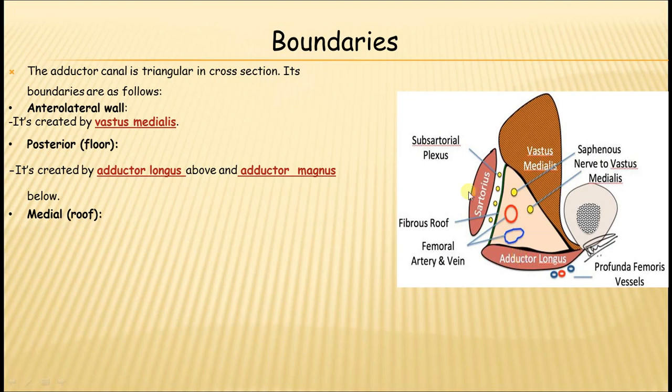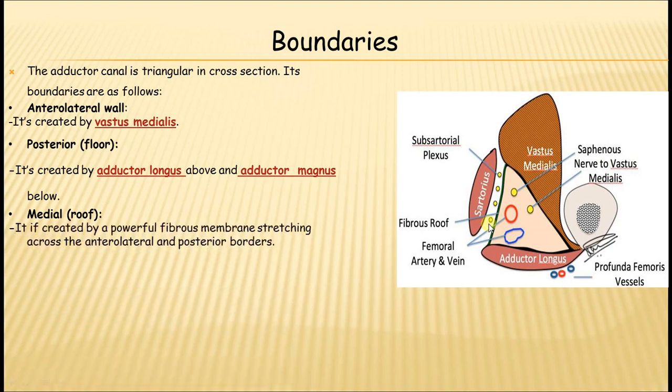The roof is sartorius. Deep to sartorius, there is an extension of fascia between the two boundaries, that is the anterolateral wall and the posterior wall. So between the anterolateral wall and the floor it is a fascia which is covering them, and on top of the fascia you see a plexus of nerves, which is the subsartorial plexus.